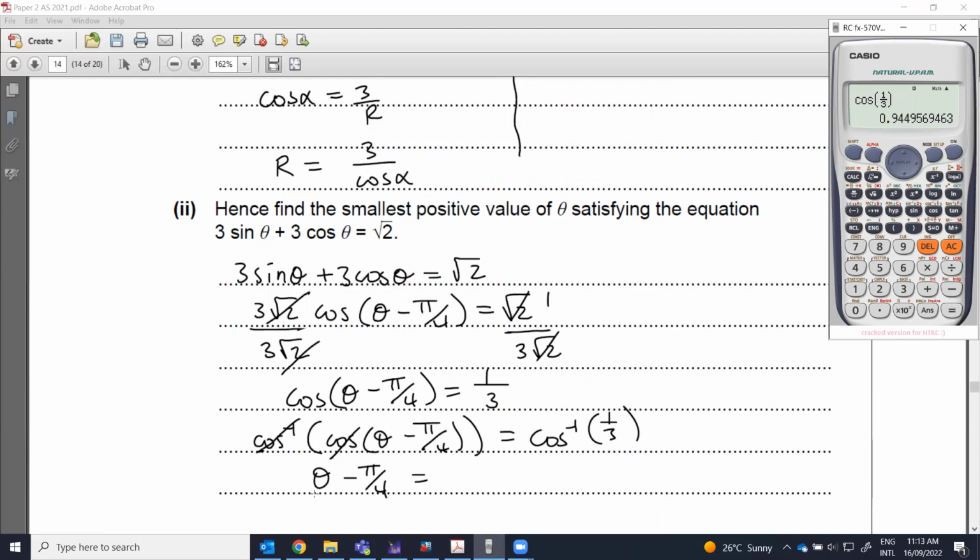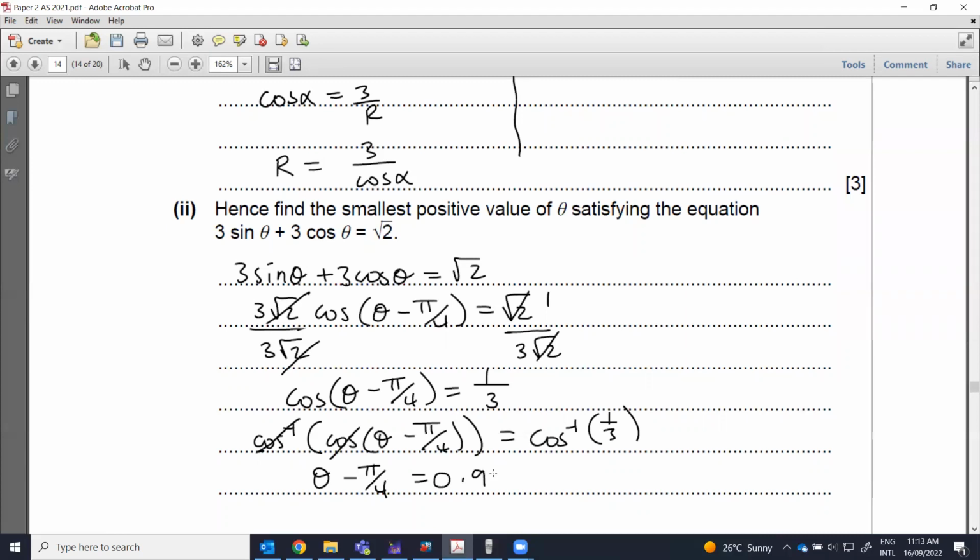This is 0.945 radians, to 3 significant figures as the instructions state. So that is the smallest positive value. This would be an angle in the first quadrant.